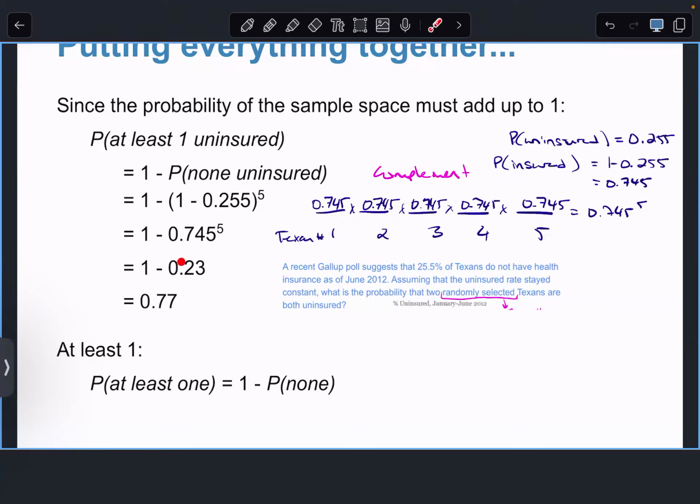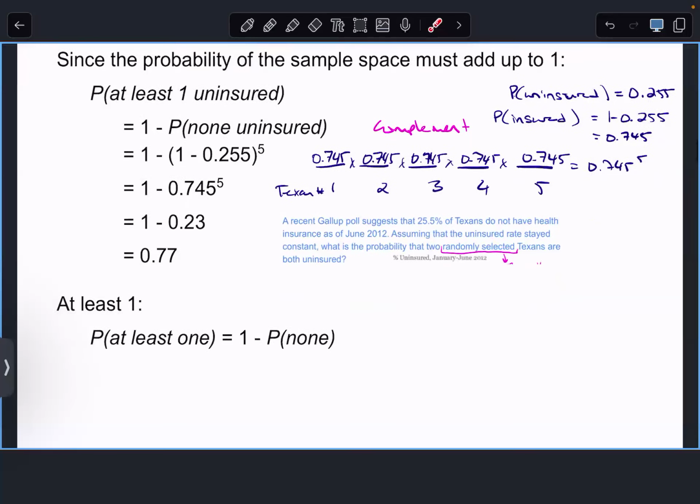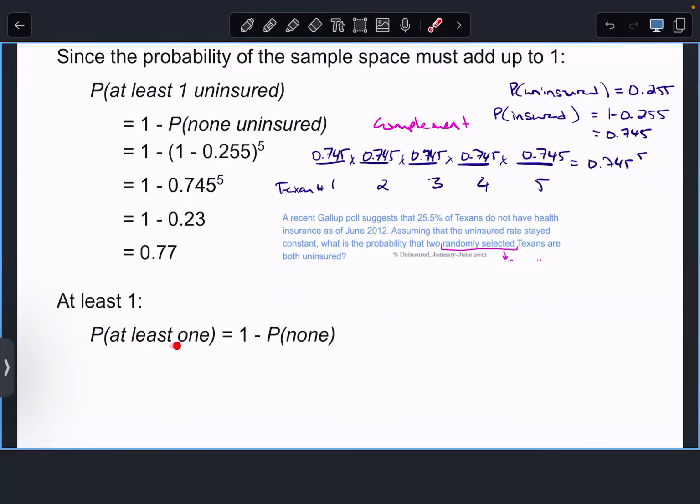1 minus that gives me the complement, right? So this is the probability of all of them being insured. So you can take that away from 1, and that's the probability that at least 1 is uninsured. So the probability of at least 1 is 1 minus the probability of none.